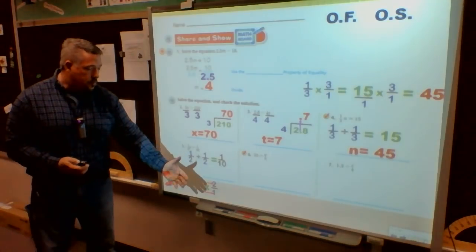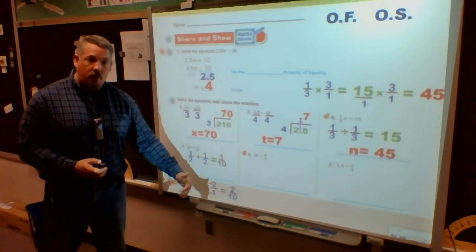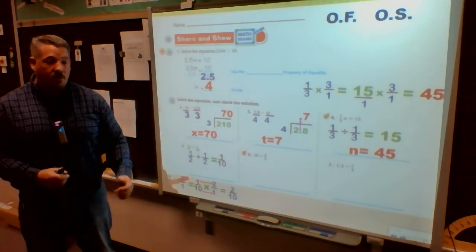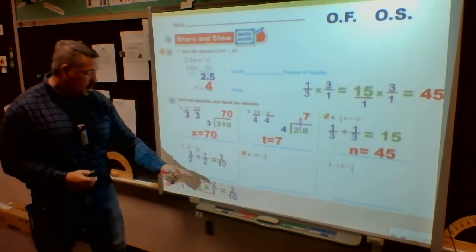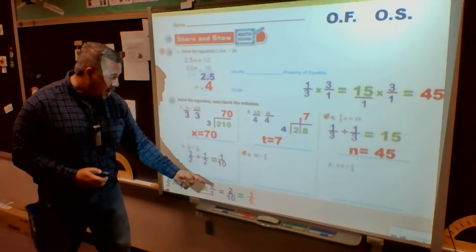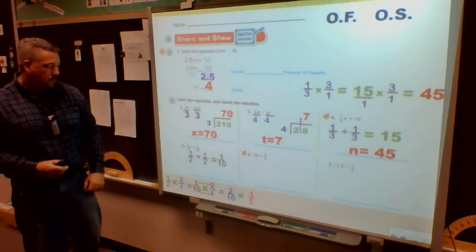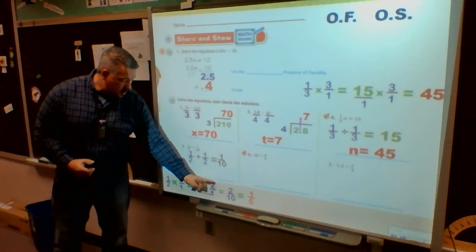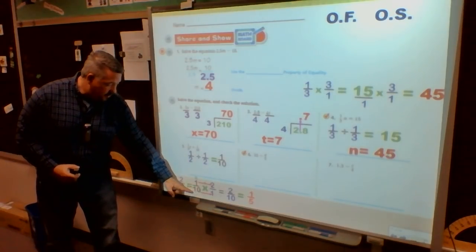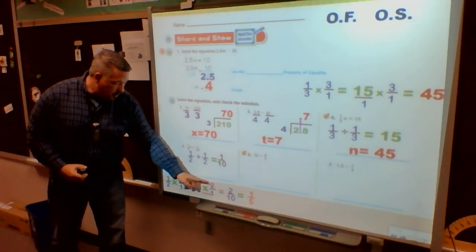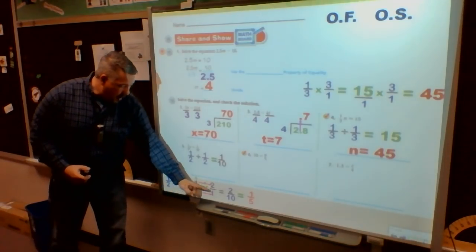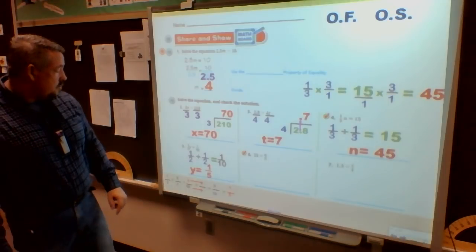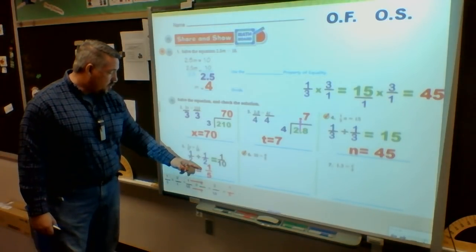If I just multiply across, I end up with 2 over 10, but then I have to see that I can reduce that. 2 goes into both of them. 2 goes into 2 once, and 2 goes into 10 5 times. If I cross reduce, I get 1 times 2, 5 times 1. I still get to my 1/5. So that tells me that y is equal to 1/5.